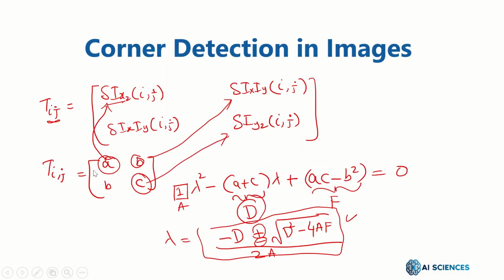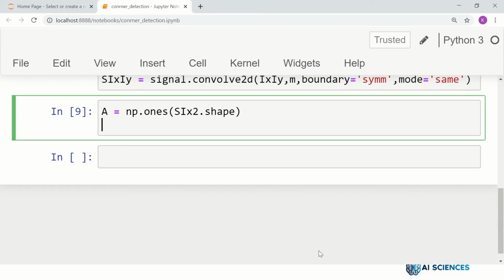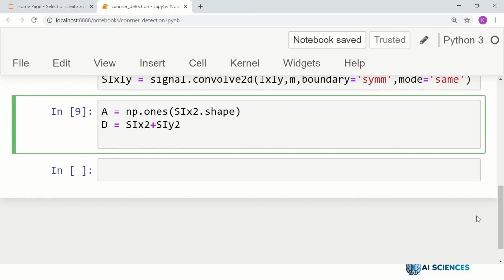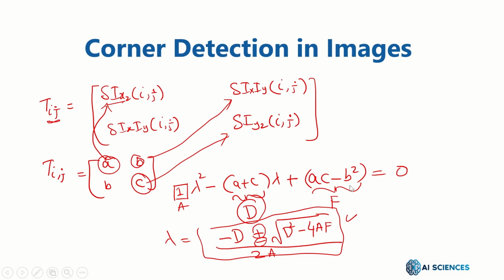That is A plus C, so we have to add these, and that will be D. So let's compute D. So D is Ixx plus Iyy, that's our D. Now we really want to compute F, which is A times C minus B square.